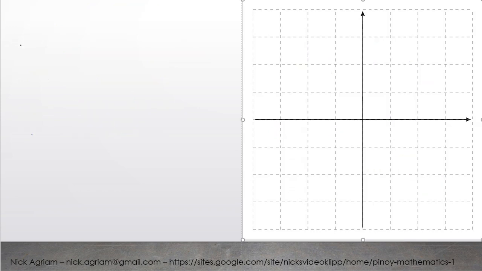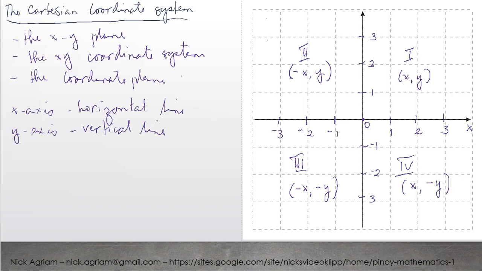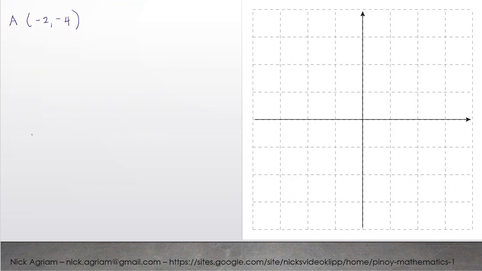For example, I have a point A, which is (-2, -4). Both x and y are negative. That means I am on the third quadrant. I am on this quadrant.